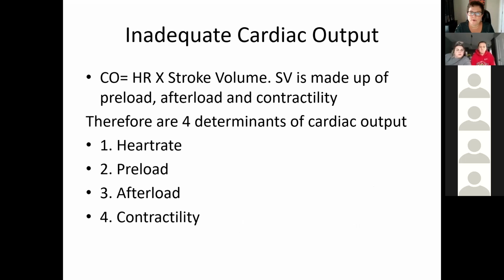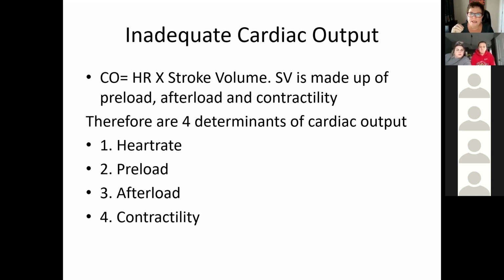So there's a quick recipe. When your patient has inadequate cardiac output, no matter where they are, in a clinic, an intensive care unit, or at the Walmart, when somebody passes out or somebody looks symptomatic, you should immediately think, oh, they look bad.